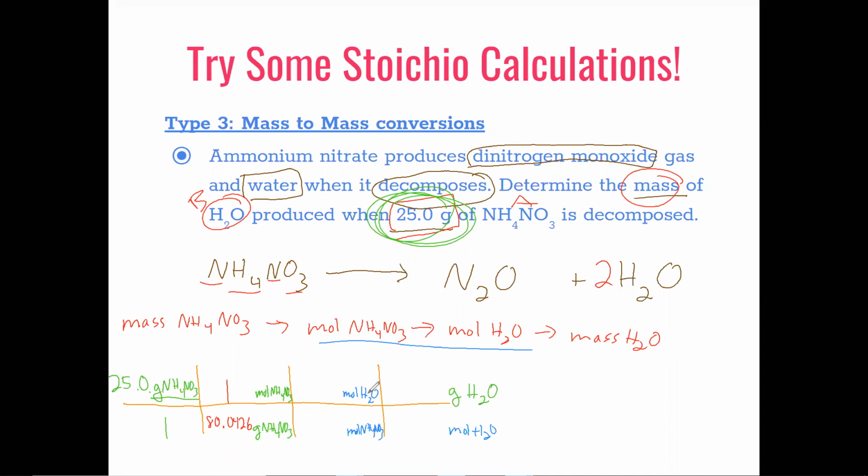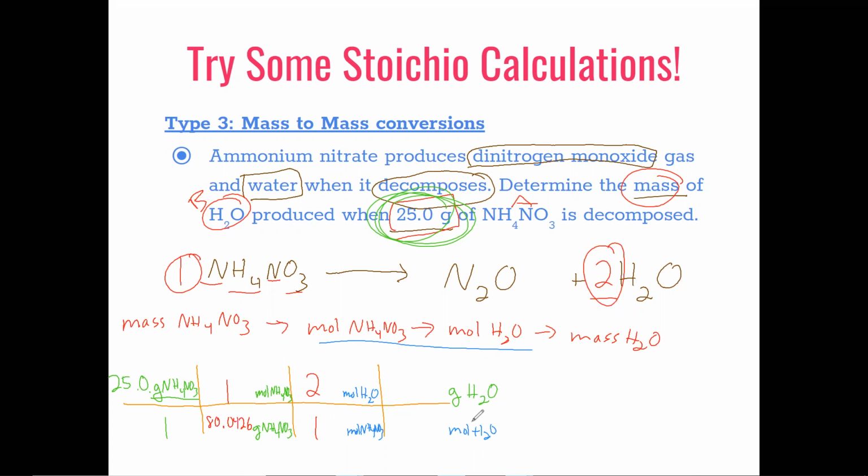Okay, so that's your molar mass of NH4NO3. Then in this middle step, it's moles over moles. So we're going to go moles of what we want over moles of what we have. Next to moles of H2O, there's this nice 2 in our equation. So for every 2 moles of water that's produced, we use that blank implied 1 mole of NH4NO3.